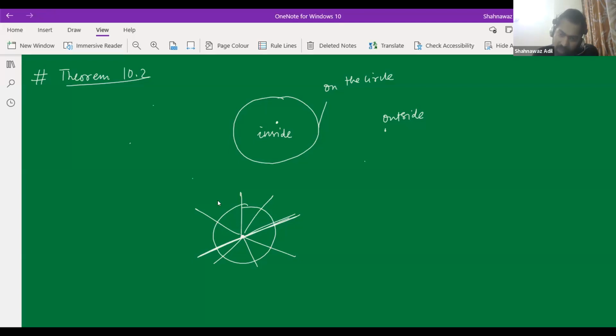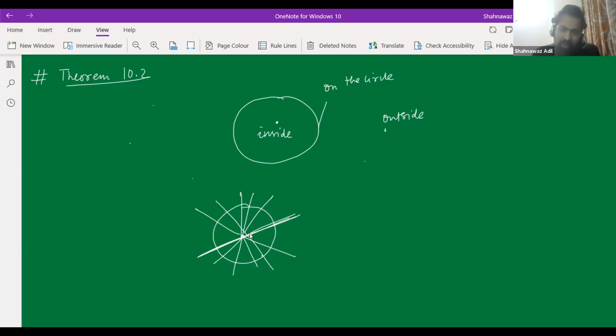If I take this point, it would always intersect at 2 points. If I pick this line, it would always intersect at 2 points, right? Clear? Tangents are only formed from outside. So from inside we can never draw a tangent, right?